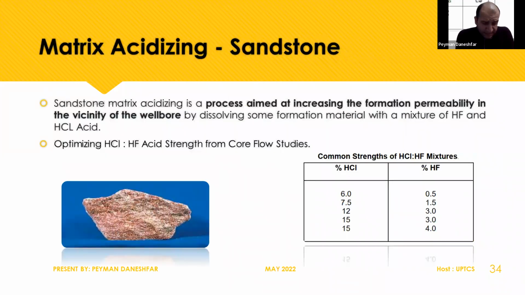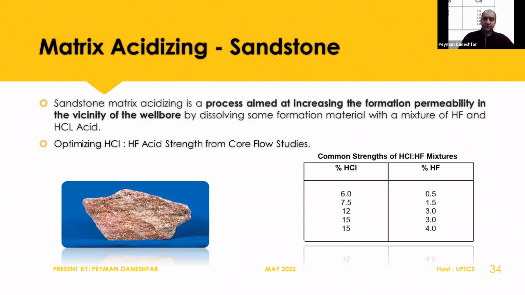Now matrix acidizing in sandstone. If you remember, we use HCl acid for carbonate formations. But in sandstone formations, we use a mixture of HCl and HF acid.